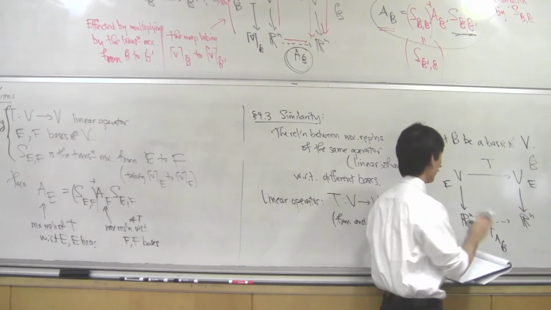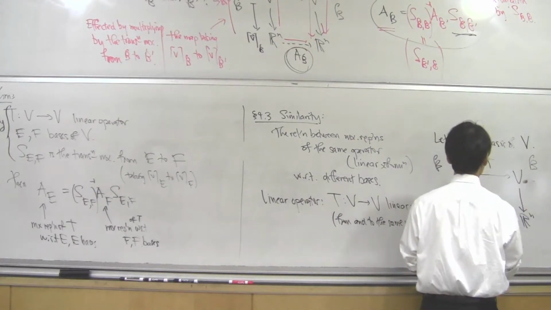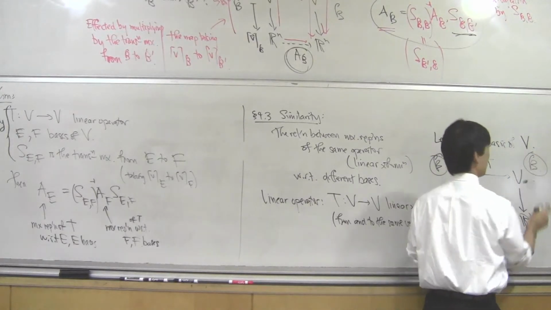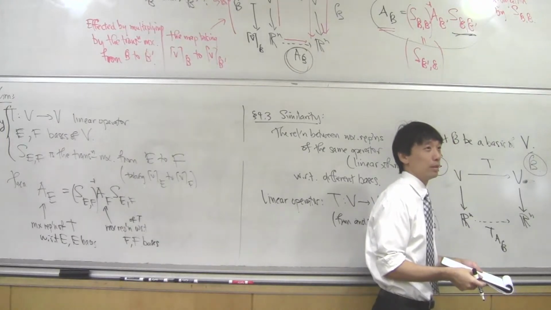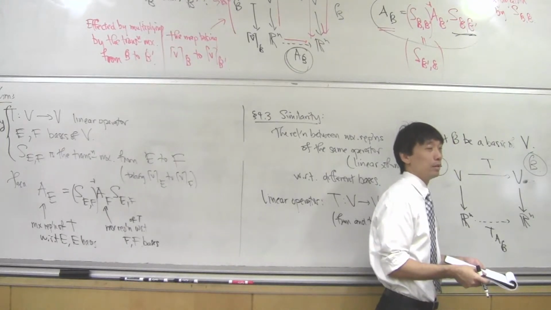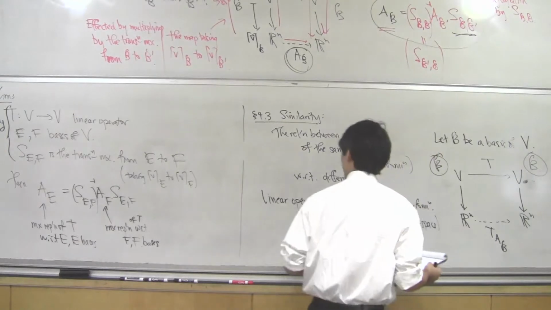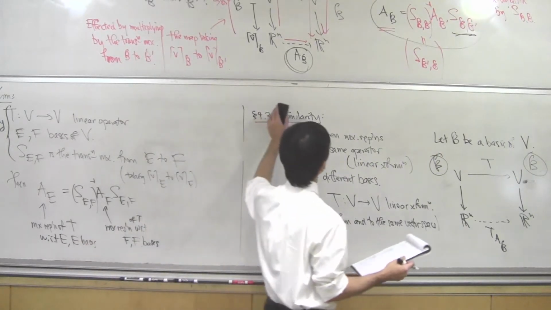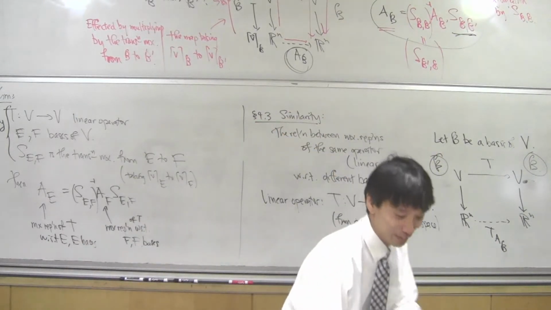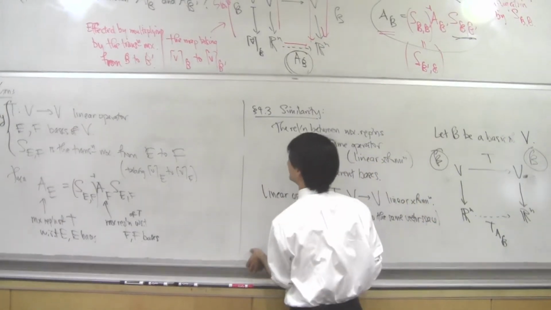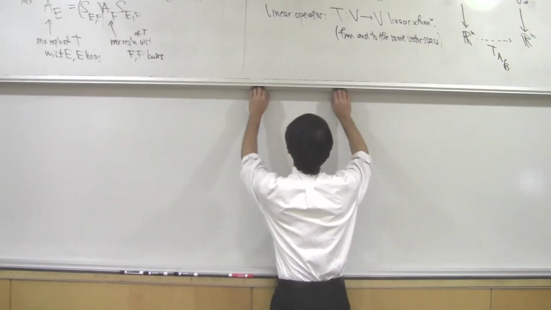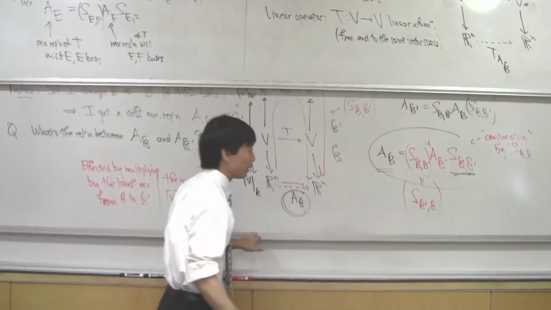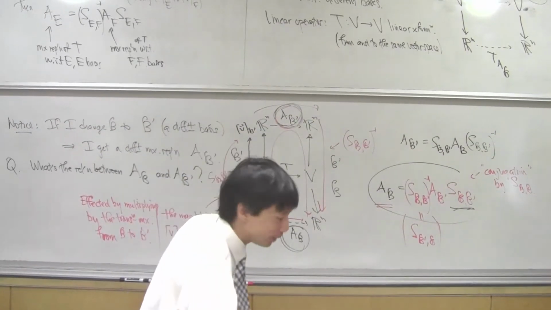When we say A sub F, we mean using the same basis on both sides. It's okay to get confused because there's a lot going on, but try not to get confused.